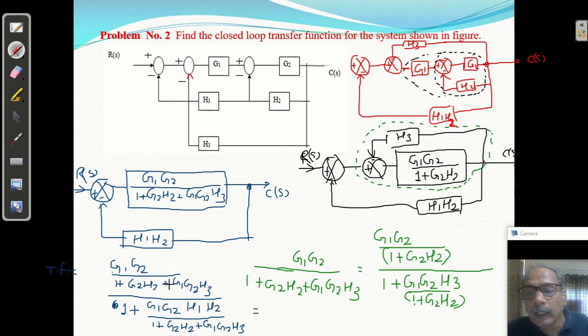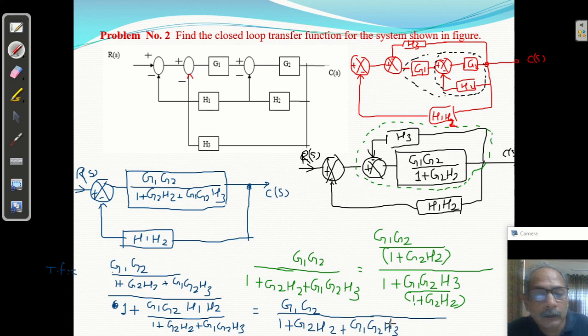So after LCM this term will be cancelled. You will get G1 into G2, that is the final answer I am getting, upon 1 plus this, G2 H2 plus G1 G2 H3, plus this.